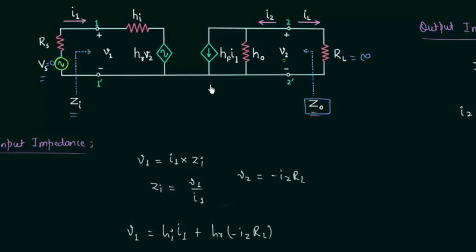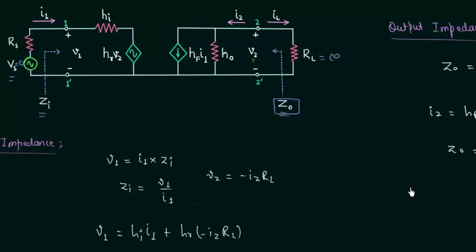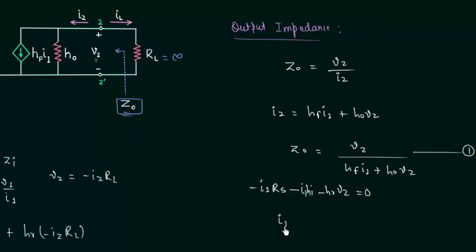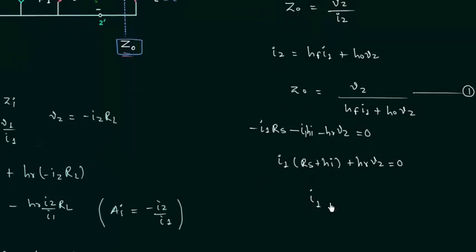Vs is equal to 0, so KVL will give us minus I1 RS minus I1 Hi minus HR V2 equal to 0, or we can write I1 times Rs plus Hi plus HR V2 equal to 0, and from this equation we can obtain the value of input current I1, which is equal to minus HR V2 divided by resistance Rs plus Hi.